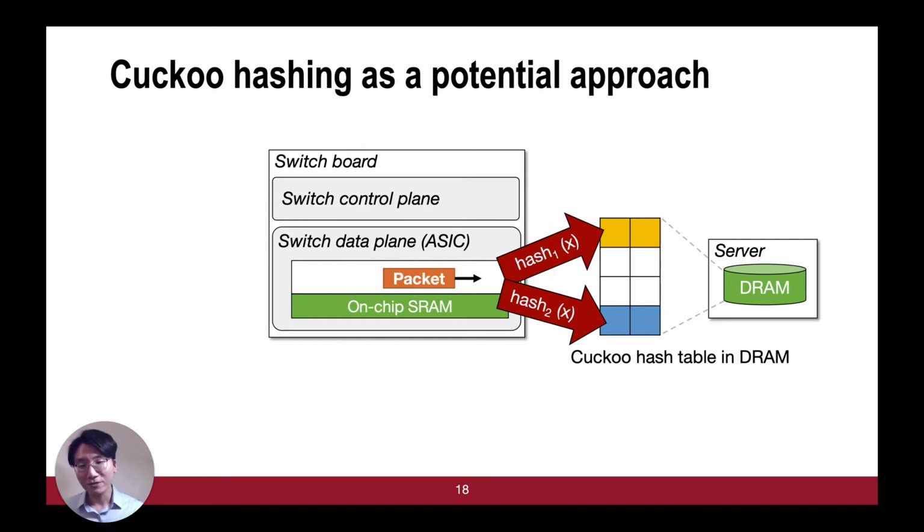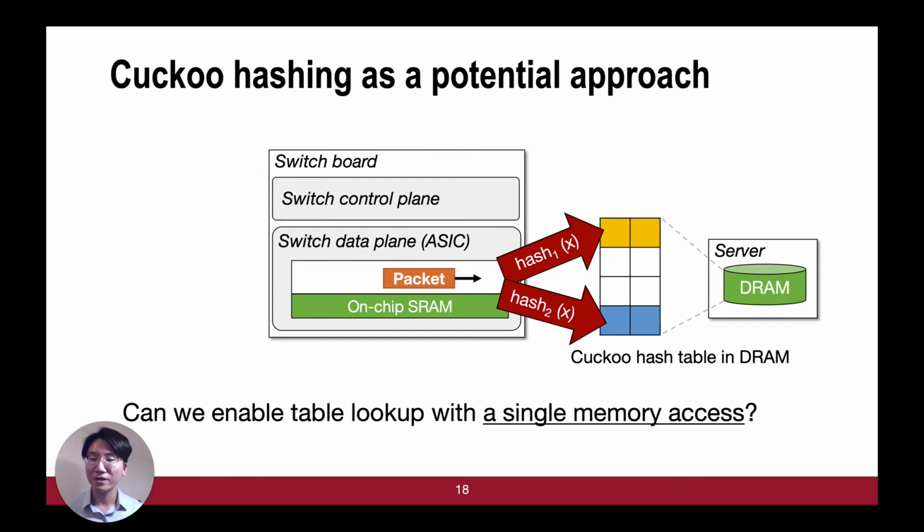However, while SRAM in a switch supports parallel memory accesses for such table lookups, it is hard to support it on DRAM, especially through an RDMA channel efficiently. So we need an alternative that can enable table lookup with a single memory access.